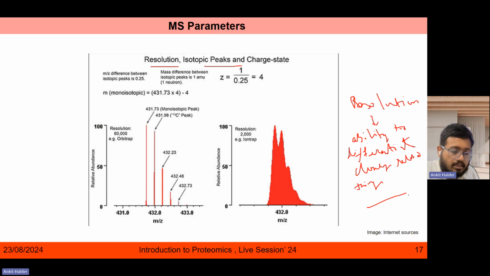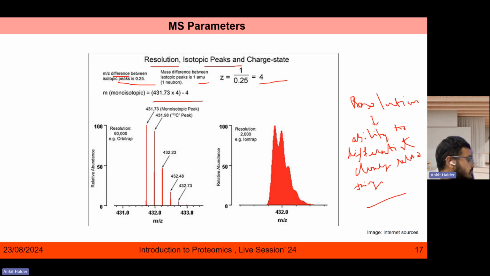So now if I talk about this, here you can see, for example, it is written. Just a minute, I am explaining it. So the m/z difference between isotopic peaks is here 0.25, so 1 AMU over 4 is 0.25.